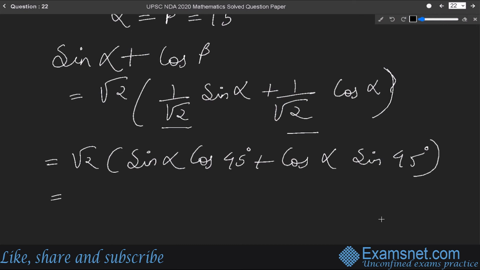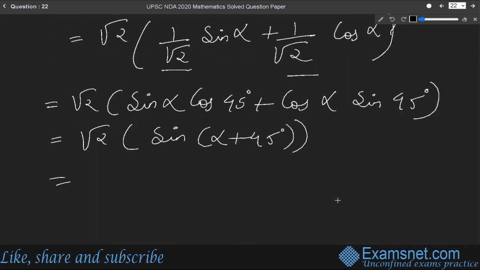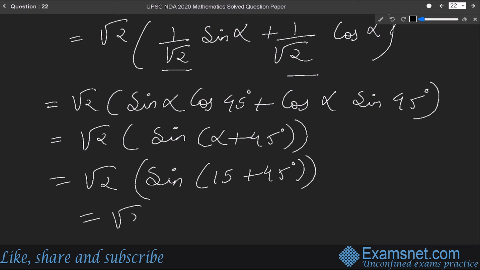Now further solving, it will be root 2 sine alpha plus 45. It is the formula for sine A plus B: sine A cos B plus cos A sine B. Now putting the value of alpha, which is 15, plus 45, it will be root 2 sine 60 degree.